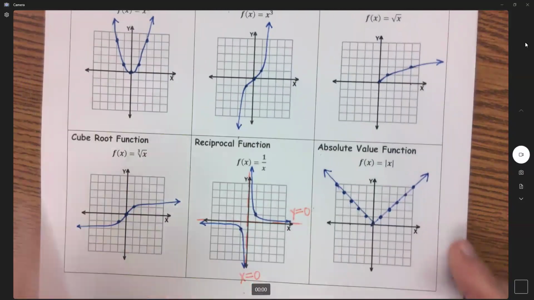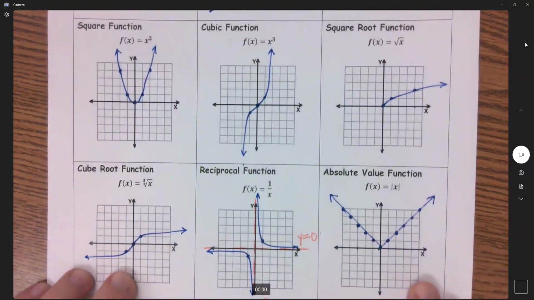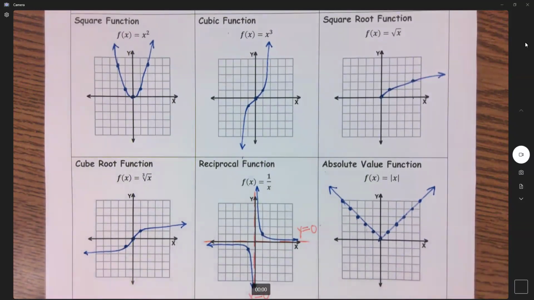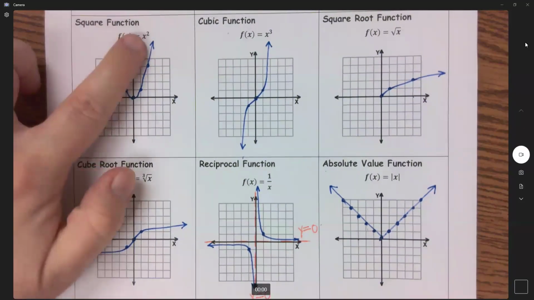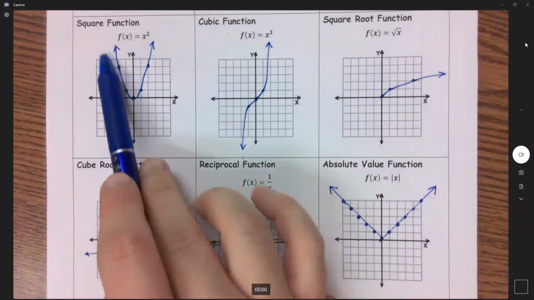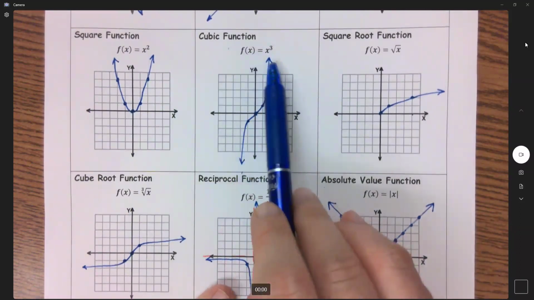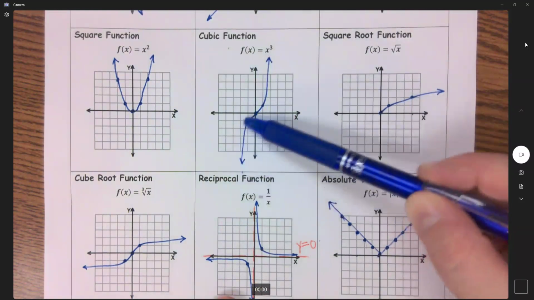Now, again, I went fast with these because honestly, you can rewind and pause. But what we need to know about these is just the general shape. You need to know that your square function, or x squared, is a U shape. It's a parabola. Your cubic function, or x cubed, makes this type of shape right here.